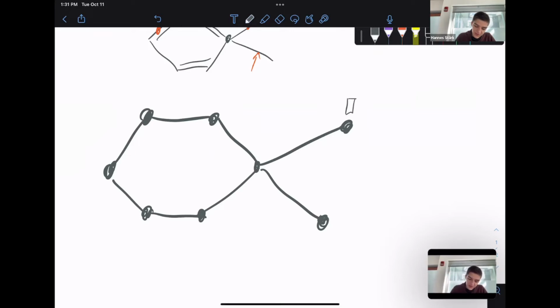We have our feature vector over here for this other node. And now we have a GNN layer that wants to update these feature vectors. We also have some edge features here, but those we are not going to update. We're just going to use them to update our node features.